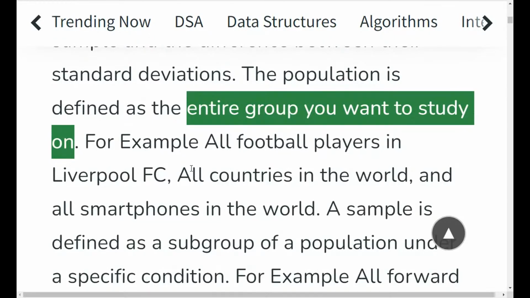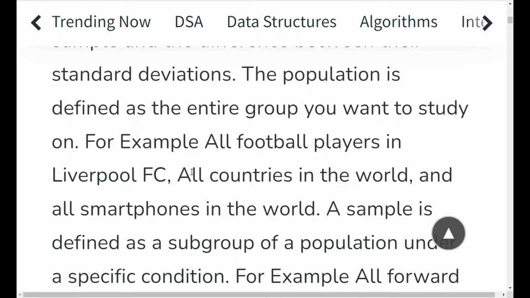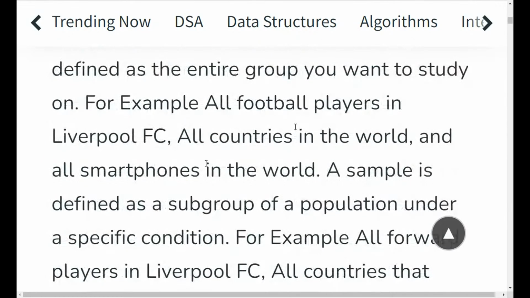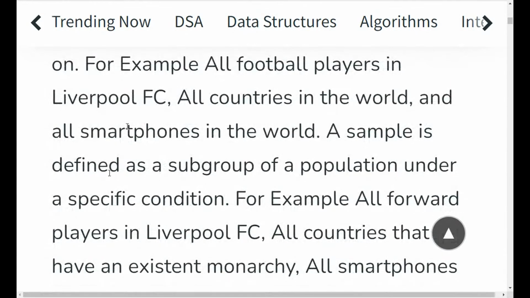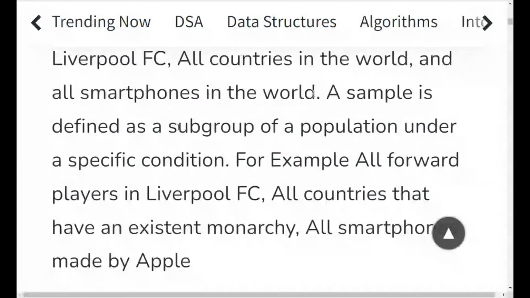The entire group you want to study is the whole group, we can say it's the population, and a part of the population when we collect it, then we can say it is the sample. For example, all football clubs, Liverpool club, all countries in the world, all smartphones in the world are each one of them.